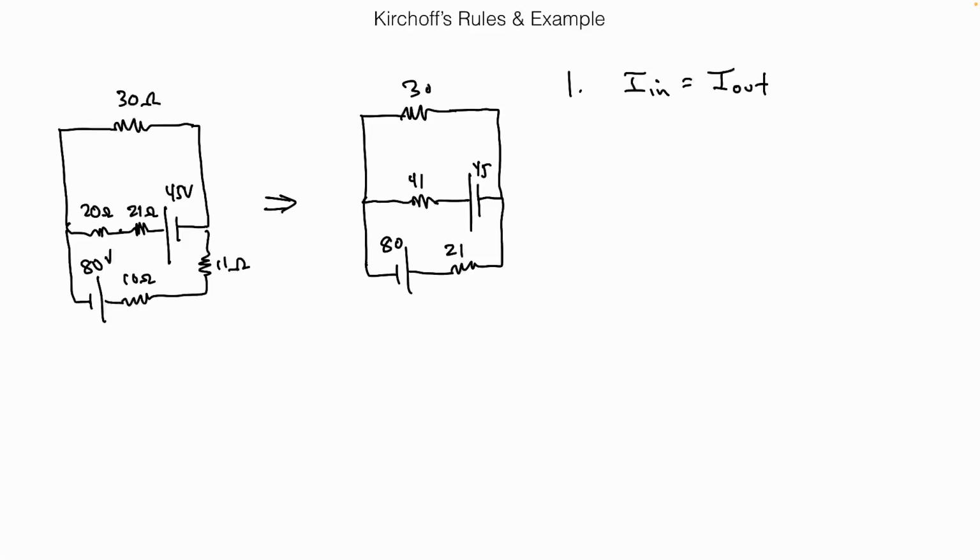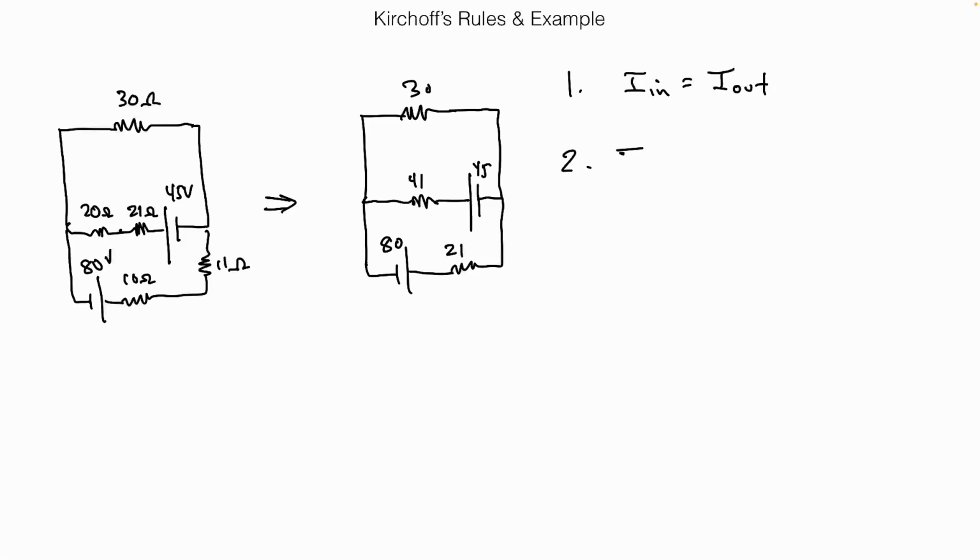Whatever current went into a junction has to be the sum of the currents going out of the junction. So you can kind of think of that as there's a summation symbol in there if you want. But whatever amount goes in has to be the amount coming out. Kirchhoff's junction rule.